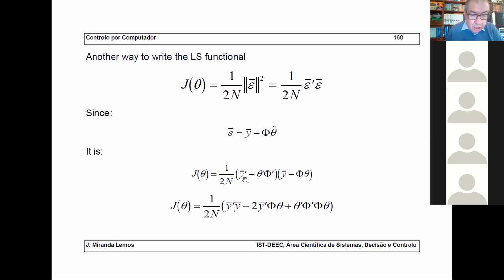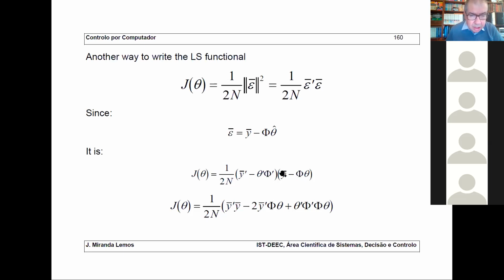Now, if you expand this term, don't forget to transpose, you get this thing. So remember that the transpose of the transposed is the original. Okay, this is correct because I'm transposing everything here already.